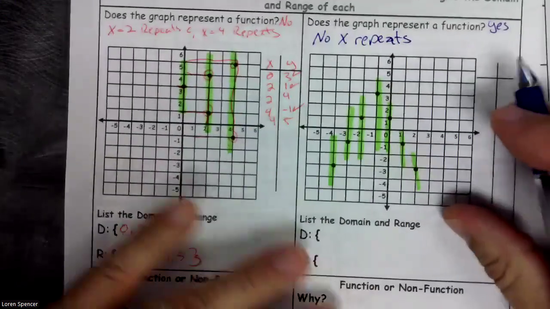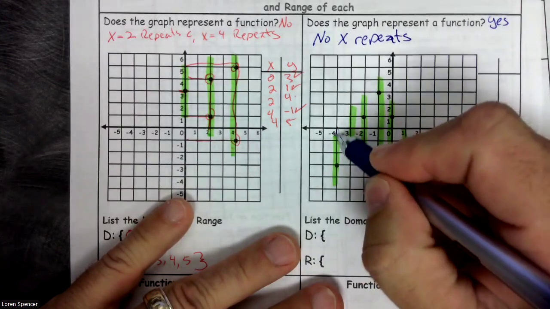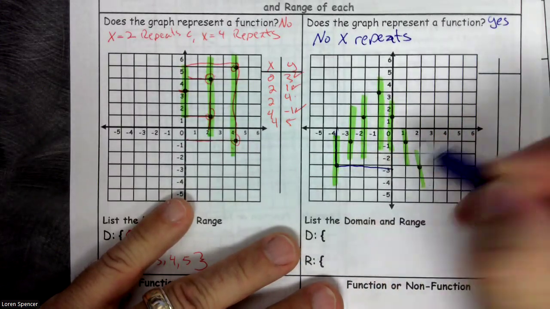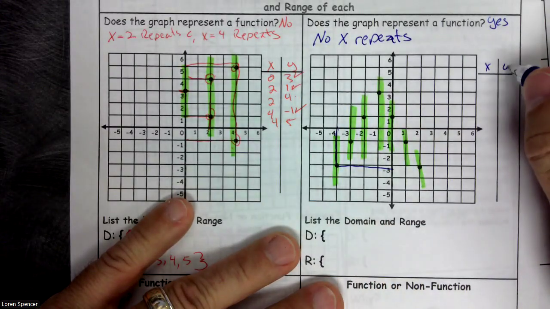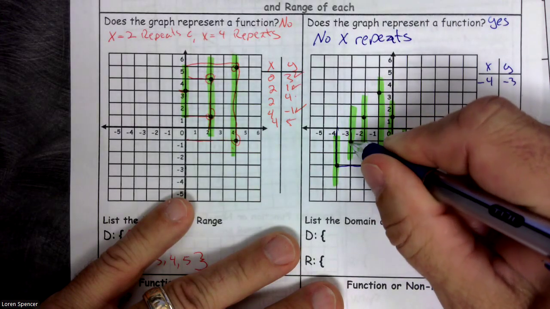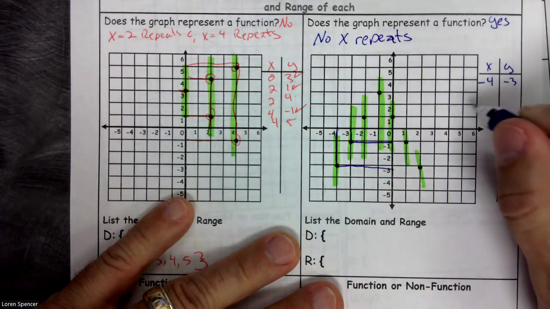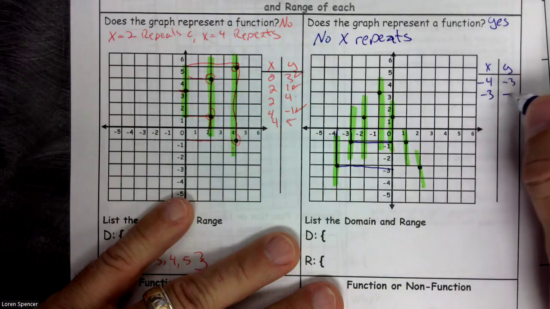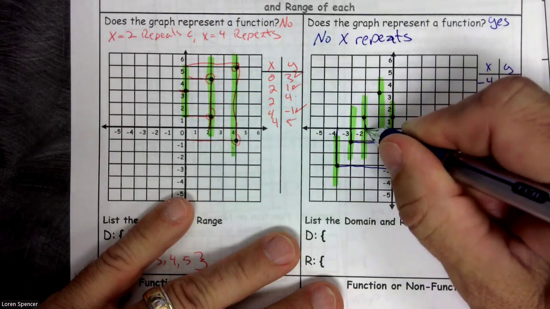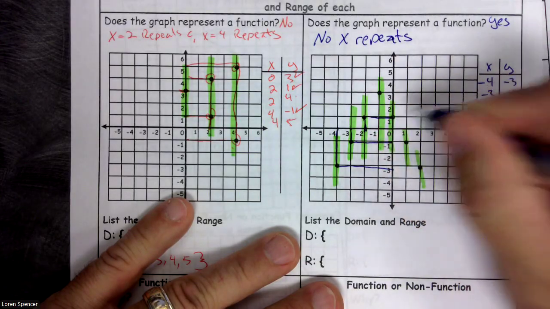Okay, so our ordered pairs. Our first one is -4, -3. Then we have a -3, -1. Then we have a -2, 1.